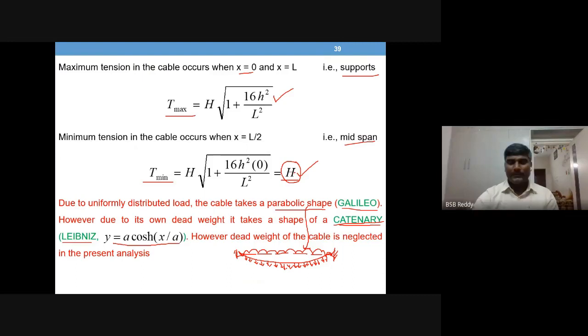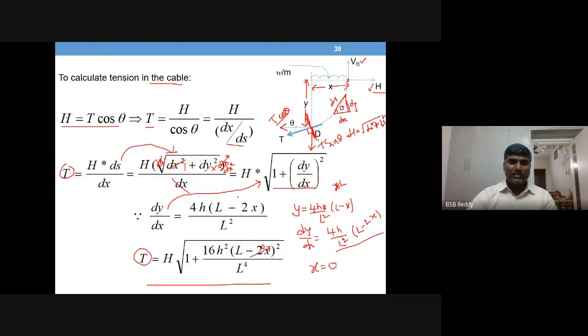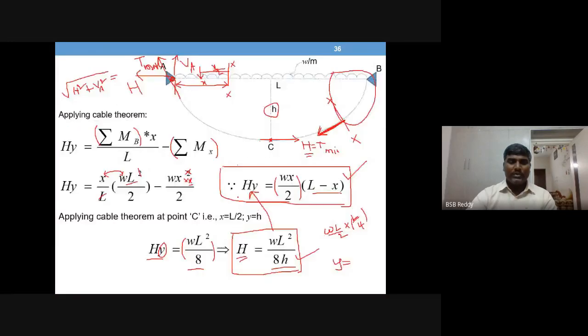And there are two deflected forms that a cable can have: one is parabola, another is catenary. Parabola is what you get when UDL is acting along the span, and catenary is what you get when the UDL is acting along the length of the cable. Okay, right. So this is the complete information regarding a cable subjected to UDL.